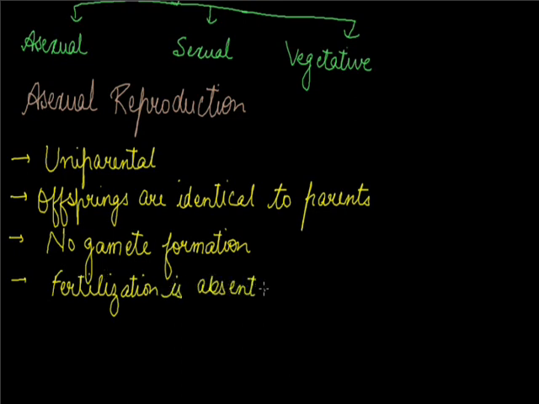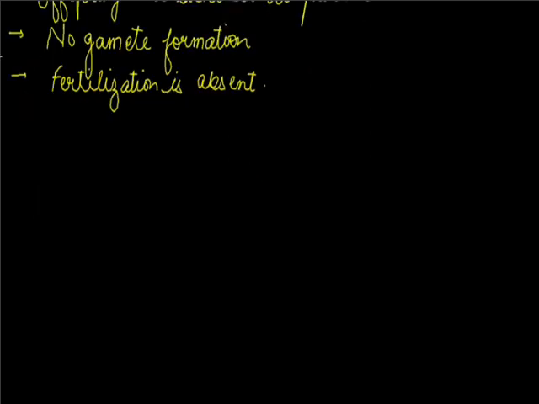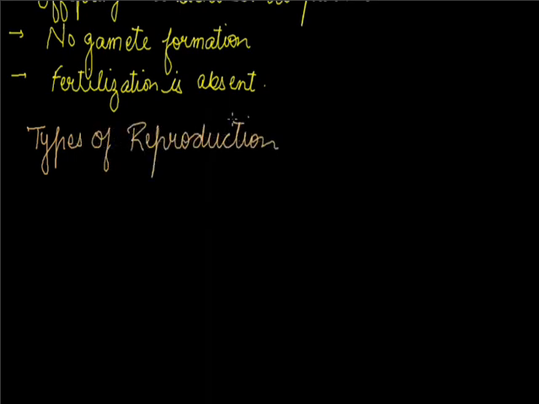Next, when we talk about the types of asexual reproduction, there are several types. First, we are dealing with fission.